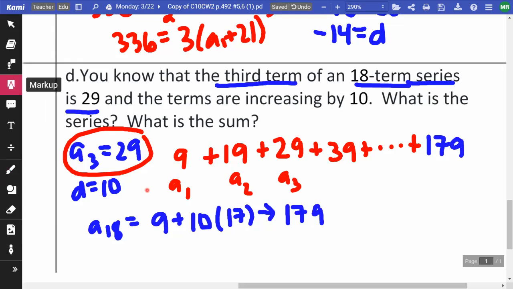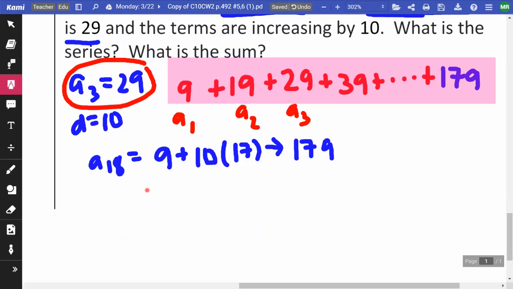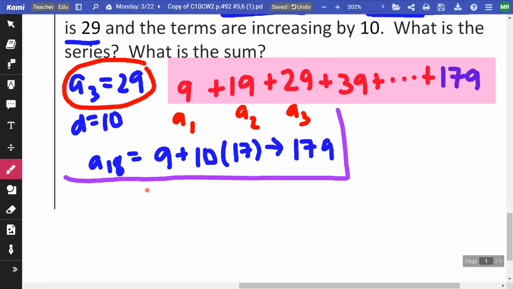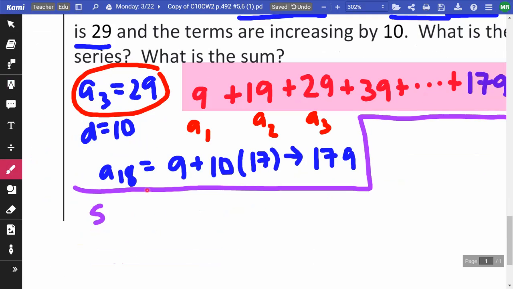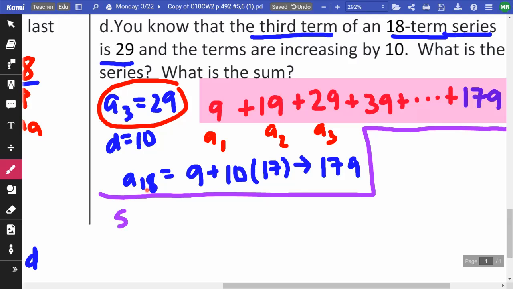Then they want us to figure out the sum of this series. For that, I'll do it in purple. I'm going to find S sub 18, since there were 18 terms.